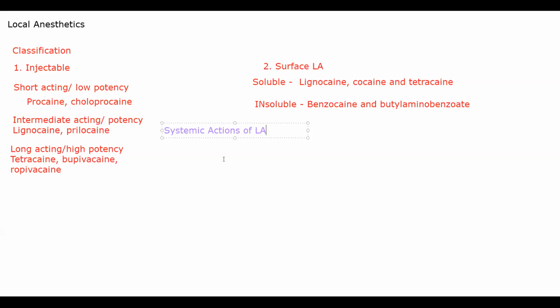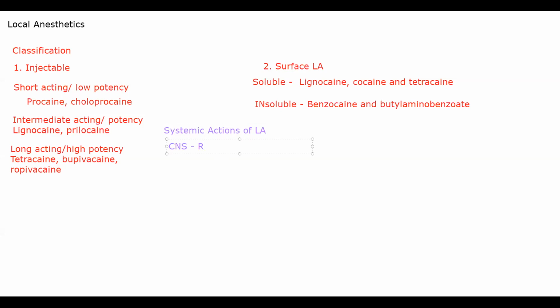Okay, in this, what will happen is initially CNS stimulation is followed by CNS depression, and if the dose is large enough, respiratory failure can also occur. So you have to be careful. All right. Coming to CVS effects, let me just brief it out so that you can refer to it later.